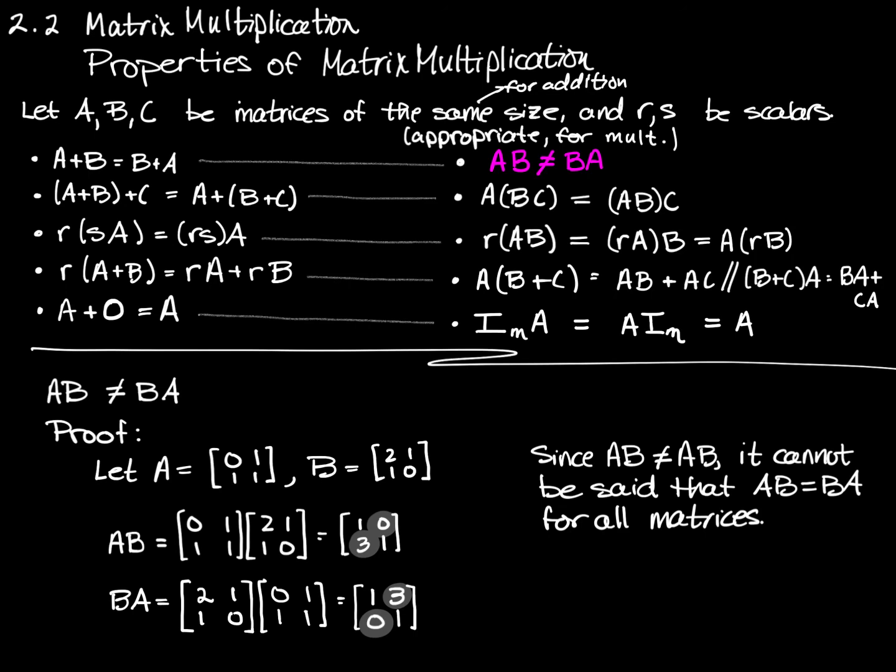If I just take any matrix A and any matrix B and multiply them together in the opposite orders, there may be a time, in fact, it happens most of the time, but if I can only find one, that's enough to say that this statement that AB equals BA is not true. So I have proved that AB is not equal to BA simply by showing one case where the two products are different.